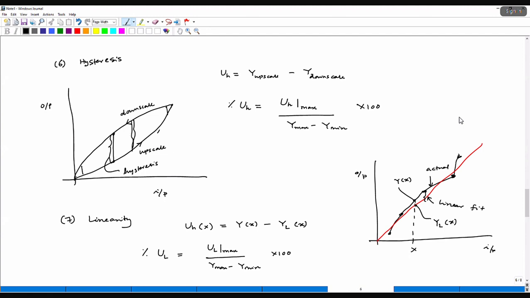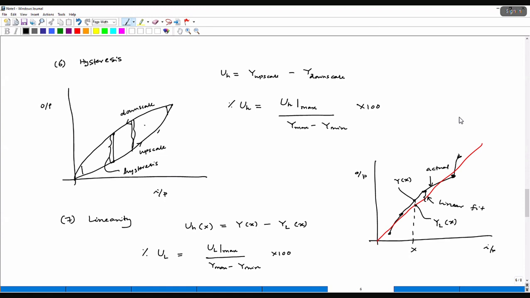Basically, you are increasing input and you get output. So you get a curve, right? You increase your input up to some maximum, X max, and then you reduce. This curve is basically representing data points: you have increasing X and then decreasing X.